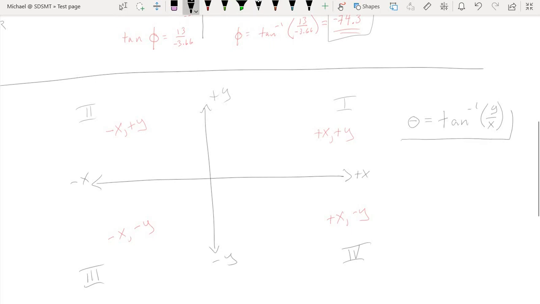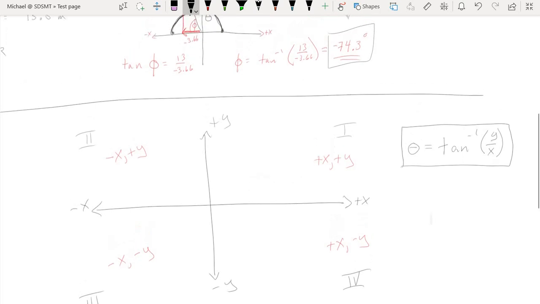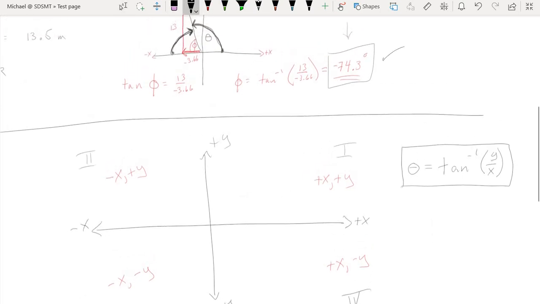And there's nothing wrong with using that, but we have to be very careful with where we measure the angle from. There are a lot of different places where we can start measuring an angle, but we have to specify where that is in order for our answer to make sense. Up here, our answer only makes sense if we start by measuring from the negative x-axis.